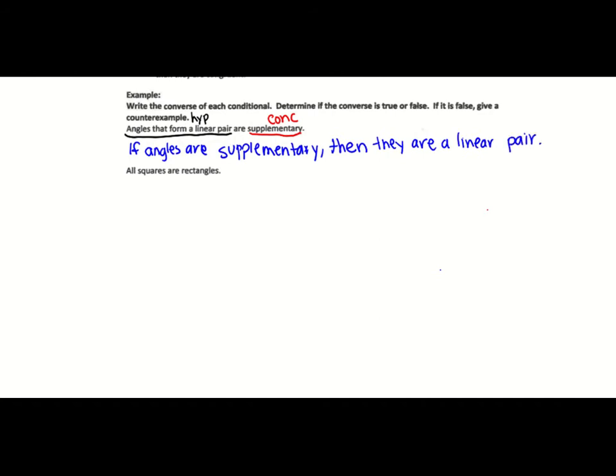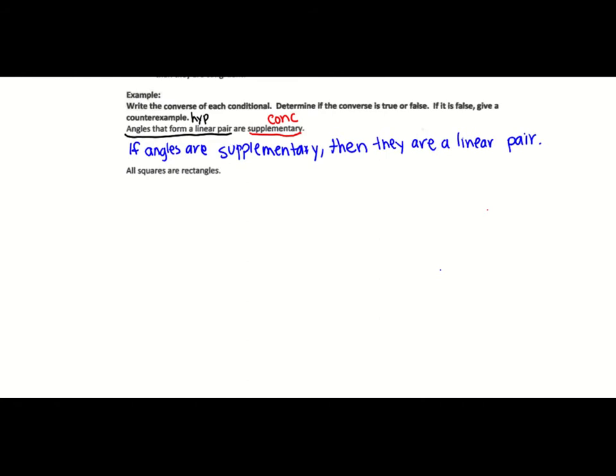Okay, so if you remember from Chapter 2, we learned that supplementary angles are two angles that add up to 180, and a linear pair are two angles that are adjacent, so they are next to each other on the same line, and add to 180.